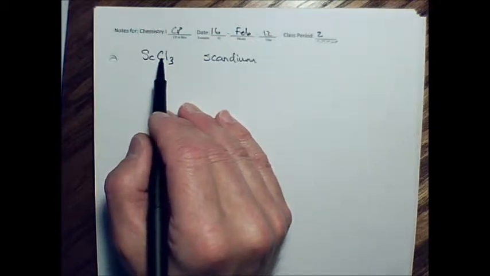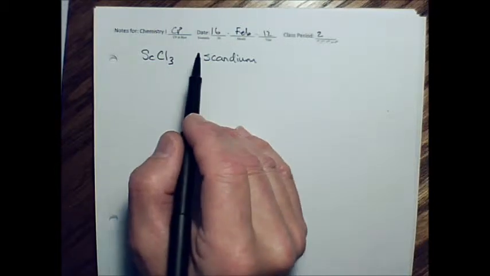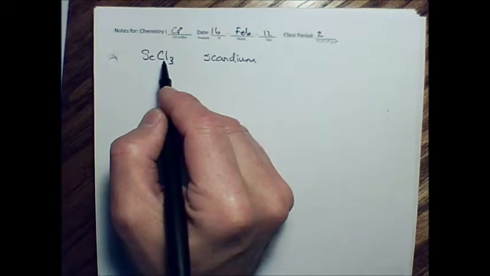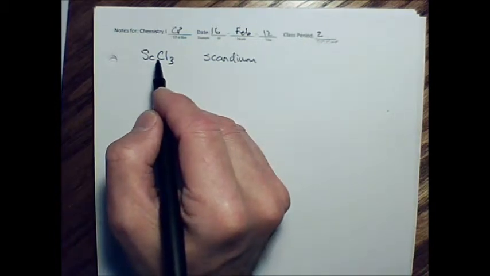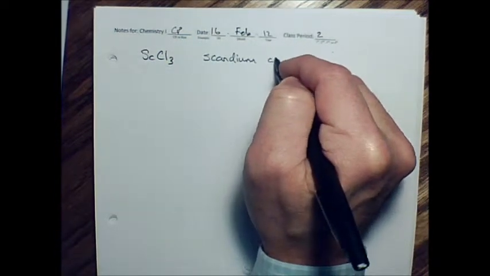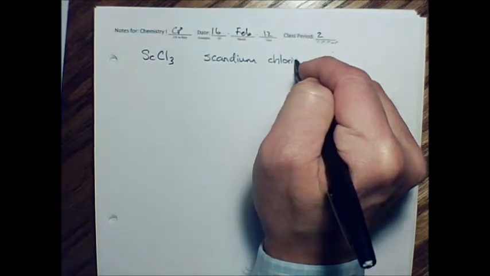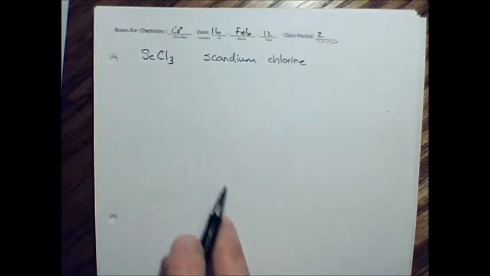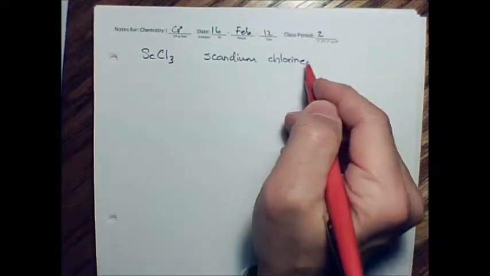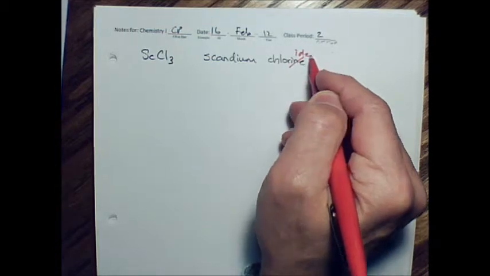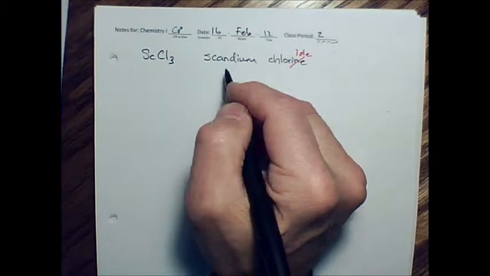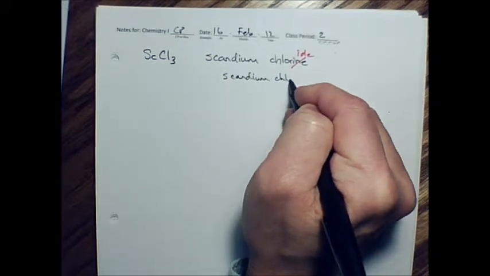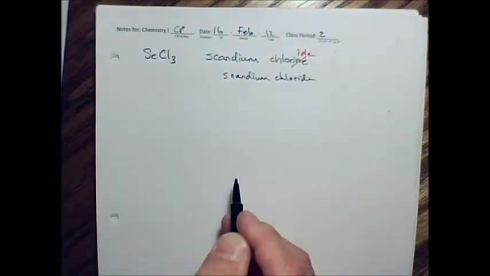The element here is chlorine, but we don't leave it as chlorine. When it's a negative monoatomic ion, we change chlorine to chloride. So the name of this compound is scandium chloride. That's it, that's the name of the compound.